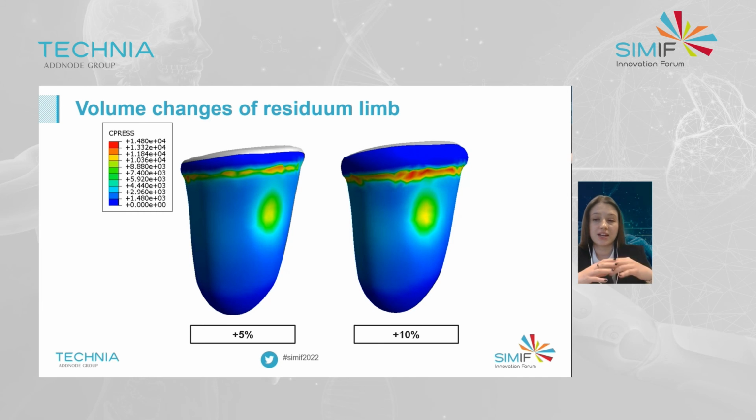In the base case, the area in which the highest value of contact pressure was observed was the spot specially designed in order to obtain the press-fit socket. For the residuum after the increase in volume, the highest value was observed at the upper edges of the socket sliding on the residuum surface.